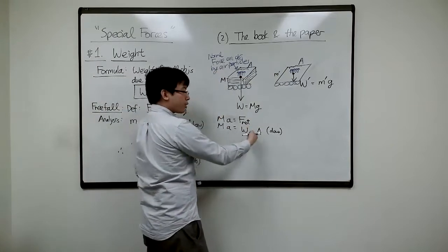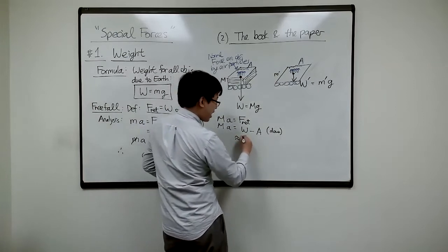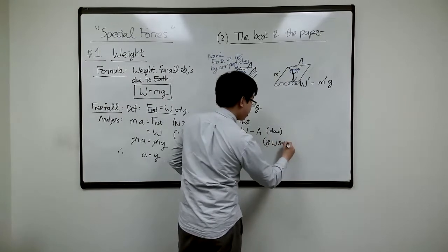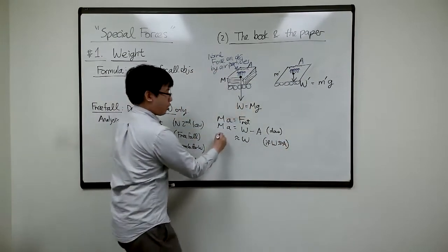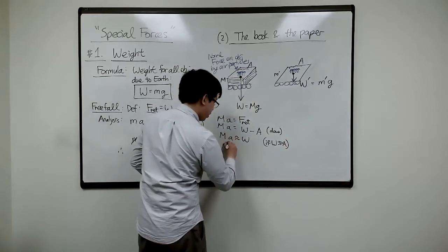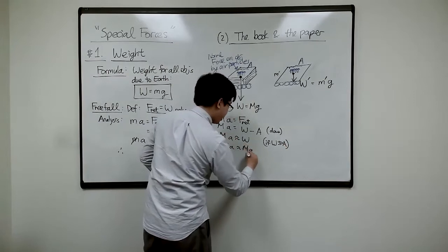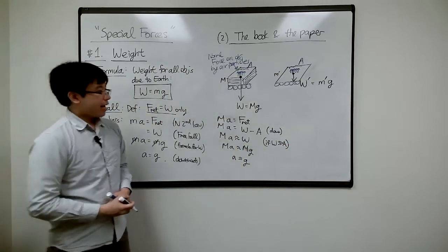So this is almost like free fall, right? If A is small enough, then this is almost like just W, if W is much larger than A. And you basically have a free fall situation over here. So it's basically capital Mg.